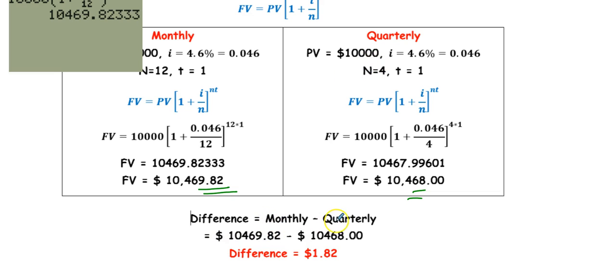The difference between those two future values is equal to $1.82. So on your $10,000, if you deposit in the quarterly account instead of the monthly account, you are losing this much. To gain that, you had better deposit in monthly.